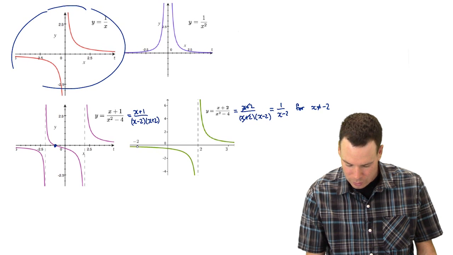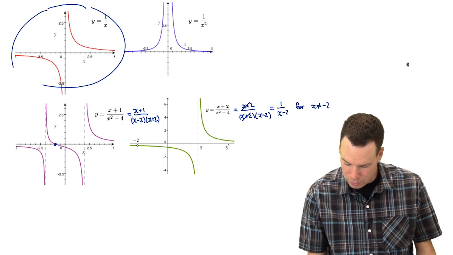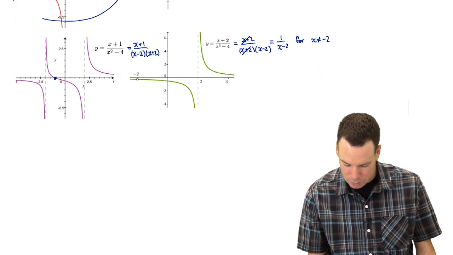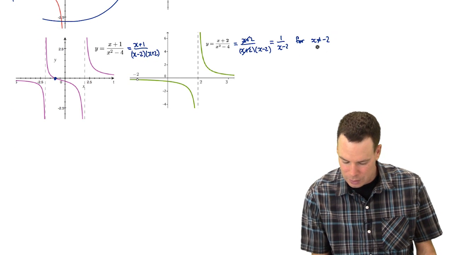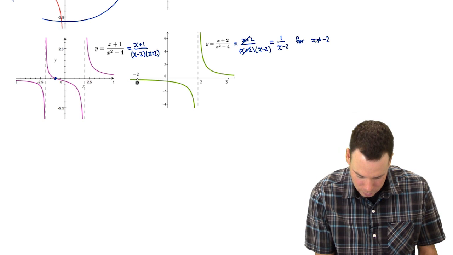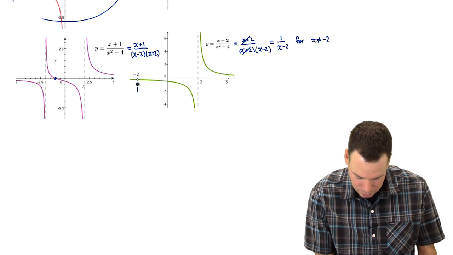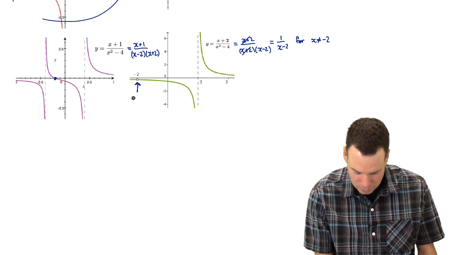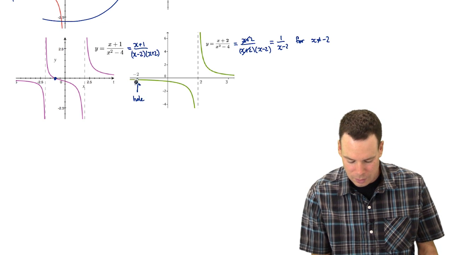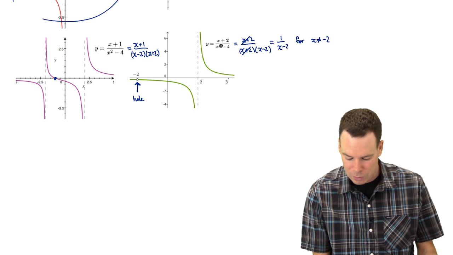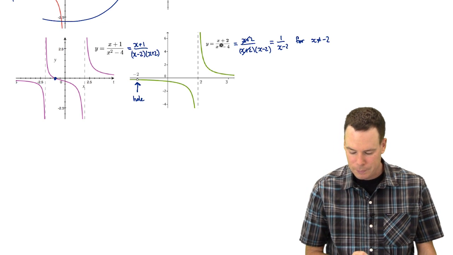But there's also one more thing that's not really apparent in the graph. It's not allowed to be defined at -2, so there's a hole there. I don't know if you can see that, but I've indicated that there's a hole in the graph there, because -2 doesn't make sense to plug in.